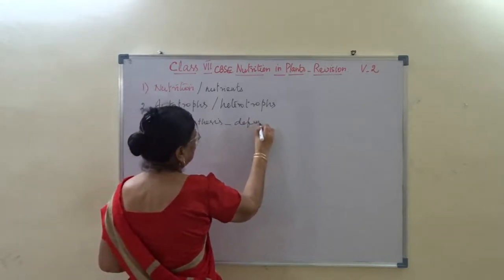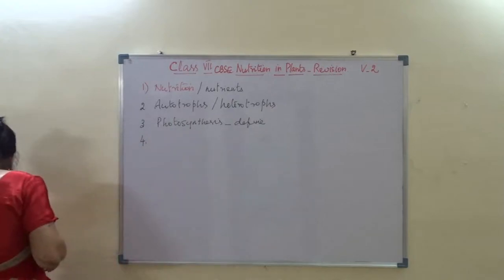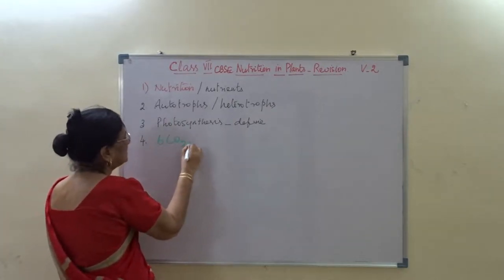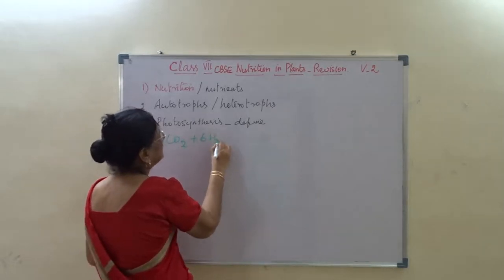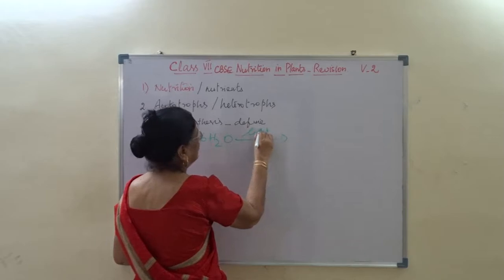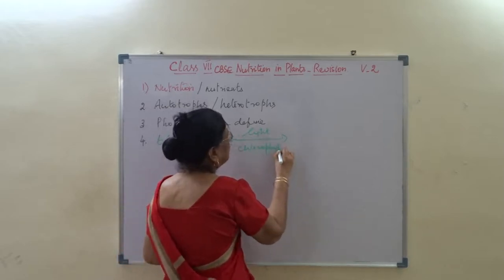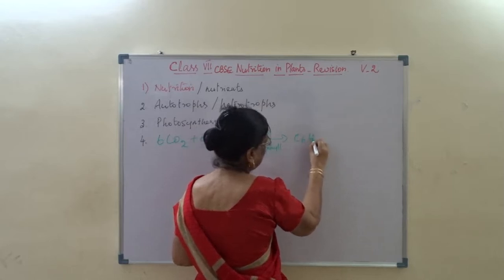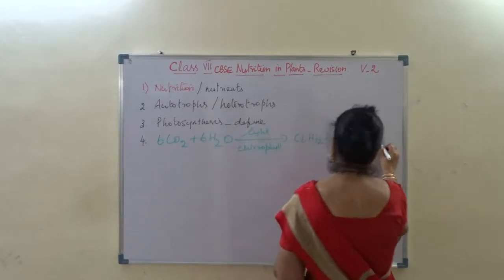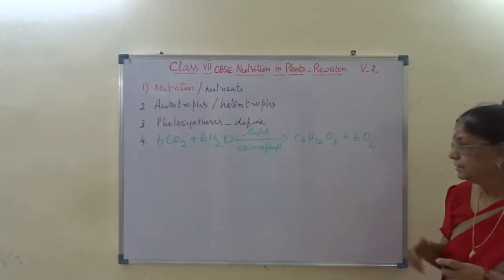In photosynthesis, you should know the equation: 6CO2 plus 6H2O, with sunlight and chlorophyll, gives C6H12O6 plus 6O2. You should know the chemical equation.